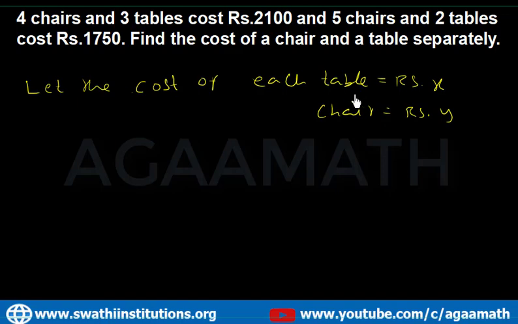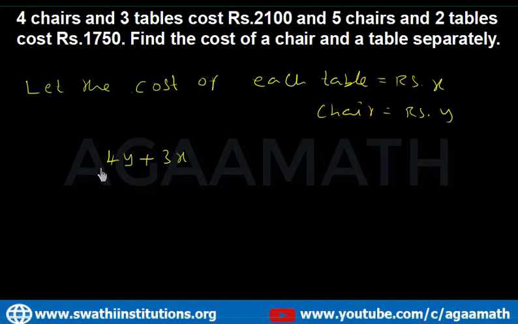If each chair costs rupees Y, then 4 chairs cost 4Y, and each table costs rupees X, then 3 tables cost 3X.